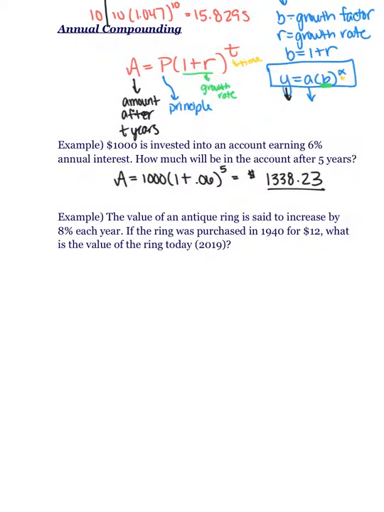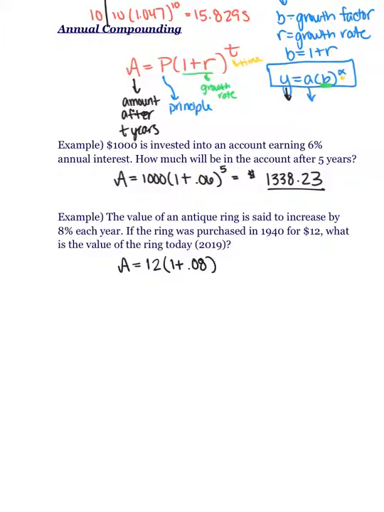Let's look at the next problem. It says the value of an antique ring is said to increase by 8% each year. If the ring was purchased in 1940 for $12, what is the value of the ring today? So I want to know the value of the ring, or the amount that it's worth. The initial principal or investment or worth was $12. It will increase by 8%, so I get 1 plus 0.08.